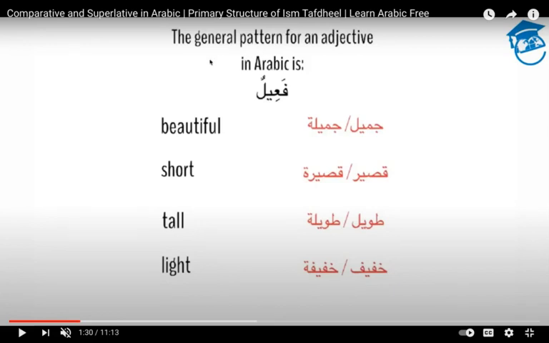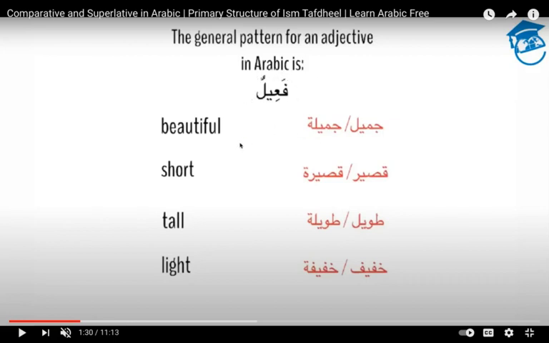Let's first start talking about the general pattern for an adjective. In Arabic, generally the adjectives follow the pattern of فعيل, meaning most adjectives follow the pattern of فعيل.